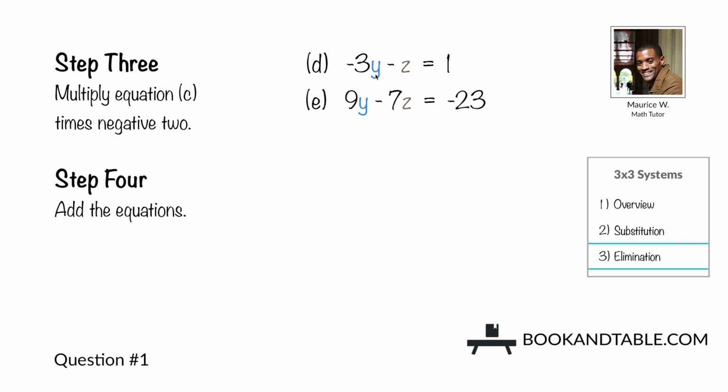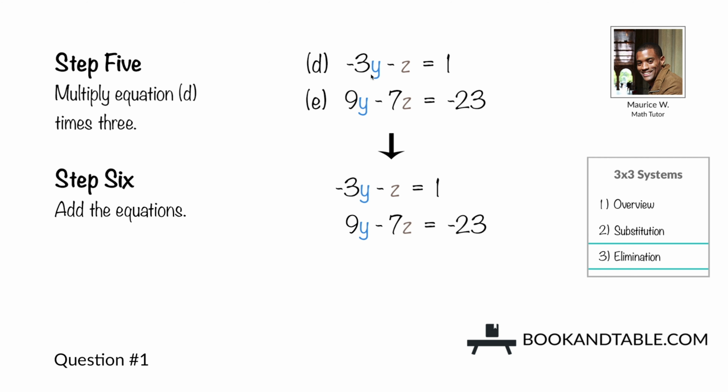So in order to eliminate our y's now, we'll want to multiply equation D times 3 so that we get -9y. So let's take a look at D and E and multiply D times 3. When we do so, we get 3 times -3y, which is -9y. 3 times -z will give us -3z.